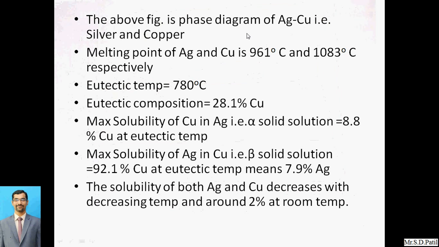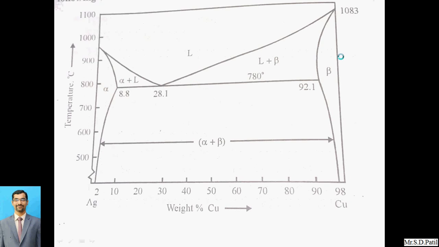Now the above phase figure is just a phase diagram of silver and copper. Now the melting points of Ag and Cu are 961 degrees Celsius and 1083 degrees Celsius respectively.